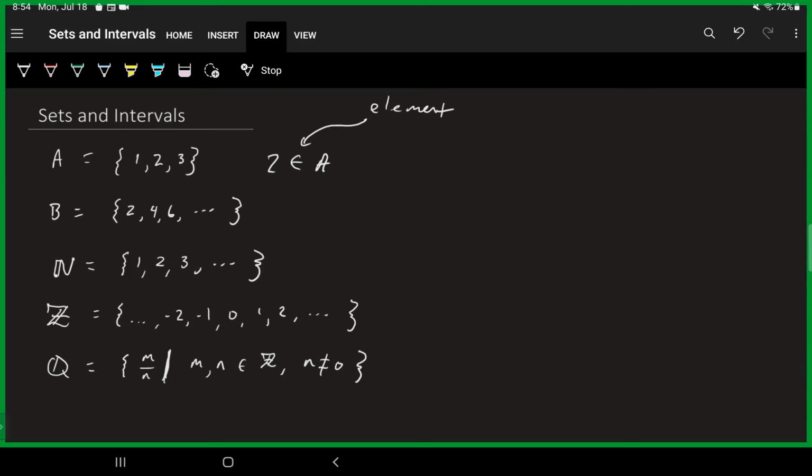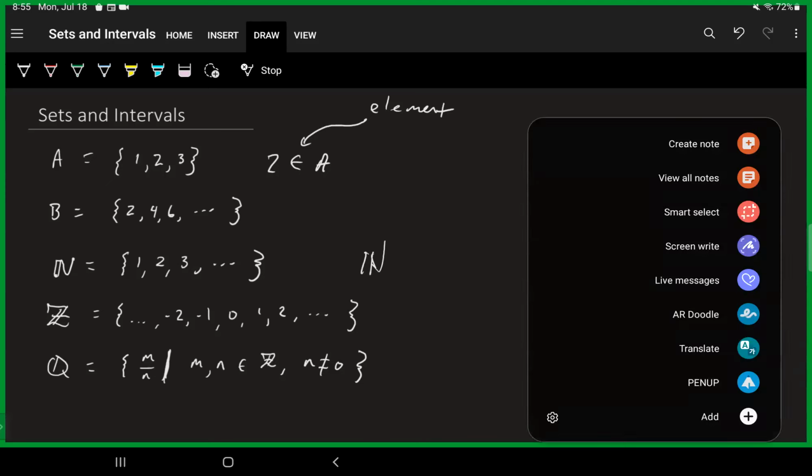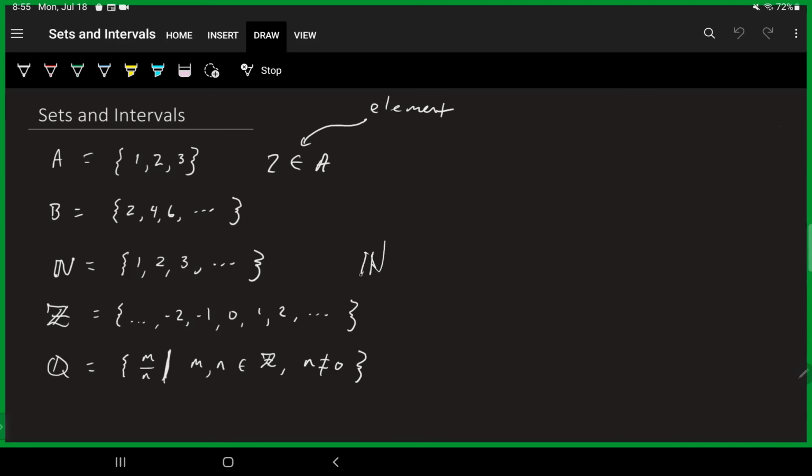We also have some fancy letters that we use to represent special sets that get referred to all the time. And this is what we call a double struck N. A lot of times you'll see it written like this, where it just looks like the letter N, but the bar next to the N is actually really close if you see it typed.